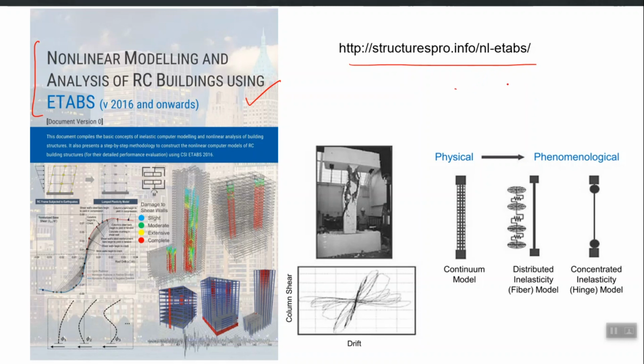Let's say this is your beam and it is part of a detailed structural model, and the relationship between the bending moment and the result of that bending moment, which is cross-sectional curvature, for example. What is curvature?